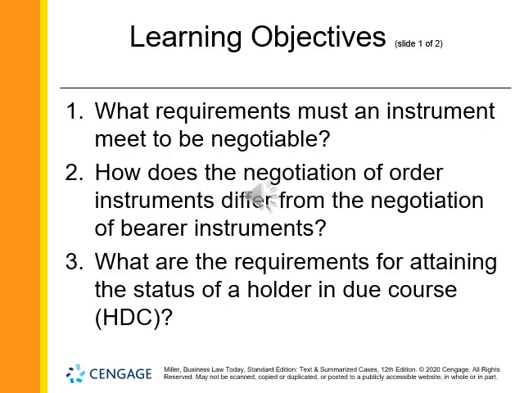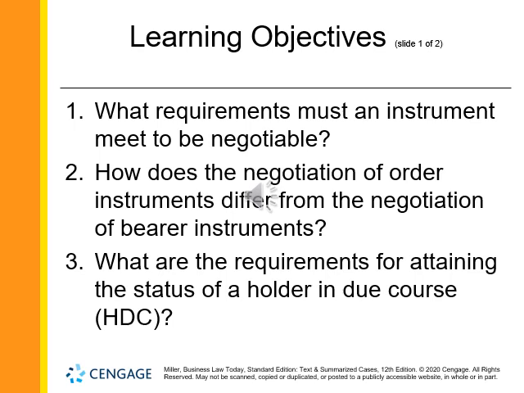Learning objectives. Now that we are doing approximately one quiz per lecture in order to hopefully be able to dispense with the need for a final exam, do recognize that anything listed here as a learning objective is apt to come up on a quiz in a subsequent lecture. Accordingly, first and foremost, what requirements must an instrument meet to be negotiable?